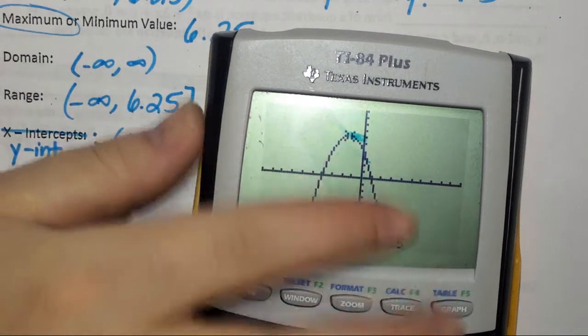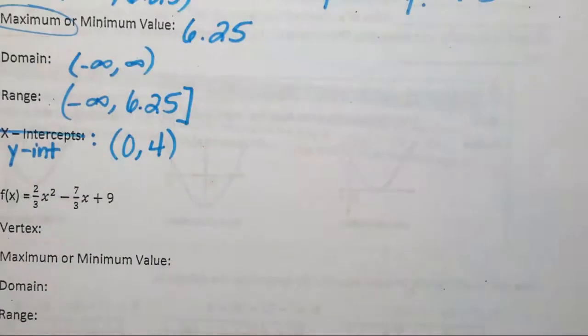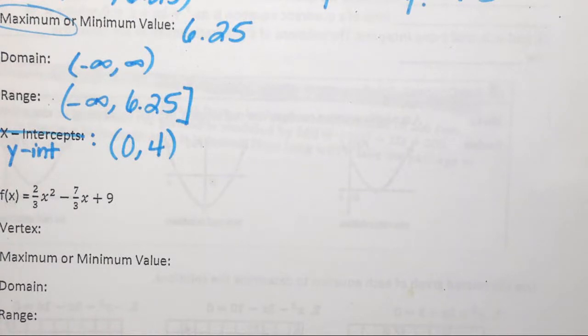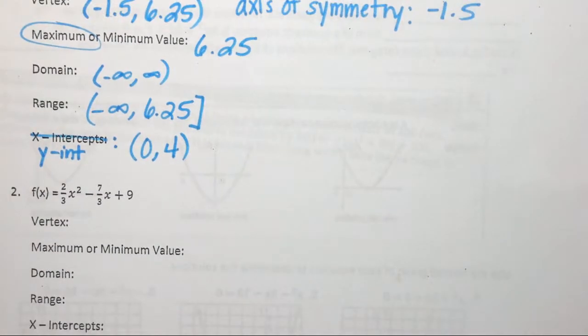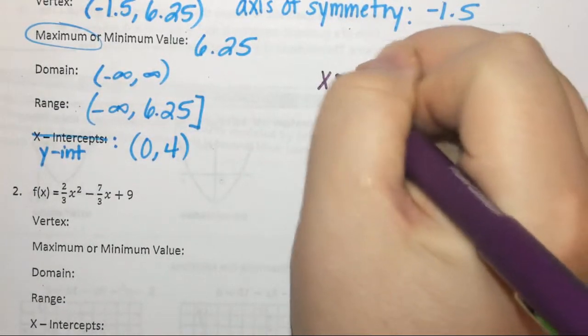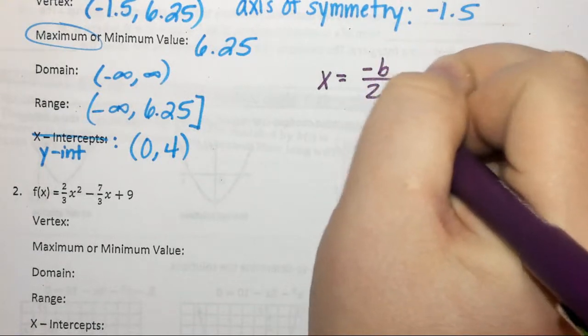Now, that's how I would handle number 2 on your checkpoint, but that is not how Miss Brister would handle it. Miss Brister likes formulas. She doesn't really love her calculator that much. I mean, she does, but she'd rather do a formula. So instead of doing all this hocus pocus, she remembers the formula for the axis of symmetry is negative b over 2a.